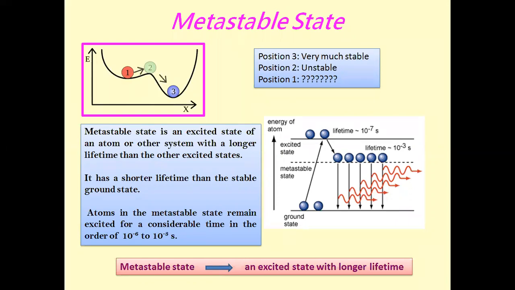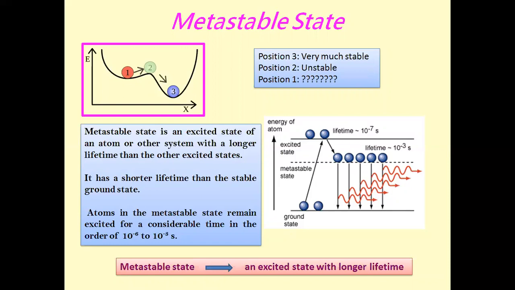So technically, a metastable state is an excited state of an atom or other system with a longer lifetime than the other excited state. Metastable state has a shorter lifetime than stable ground state, but longer lifetime than excited state.